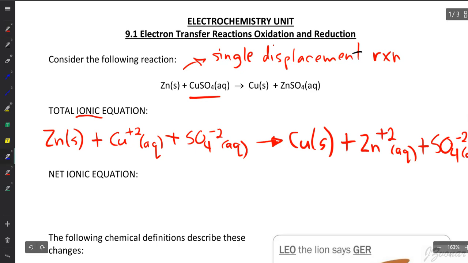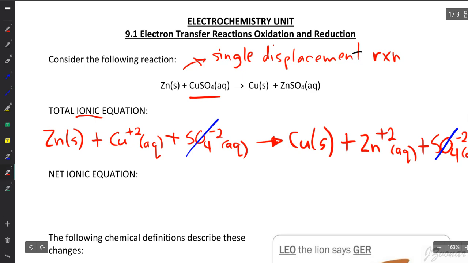When we want to determine the net ionic equation, we cancel out any spectator ions. If you recall from grade 11, the spectator ions are the ones that are found on either side of the equation. So we see here that SO4 negative 2 is found on both the left and right side of the equation. Hence, these are my spectator ions, and they are not involved in the reaction, so we can cancel them out.